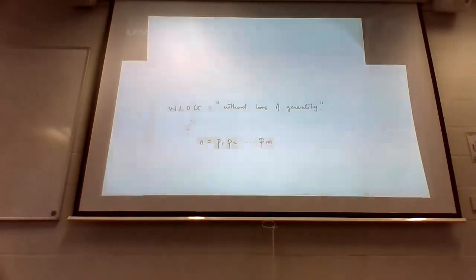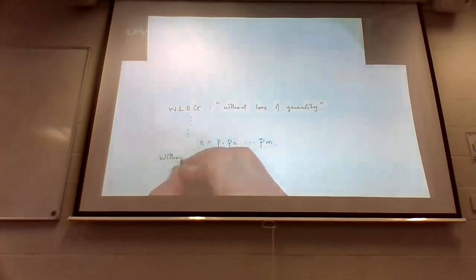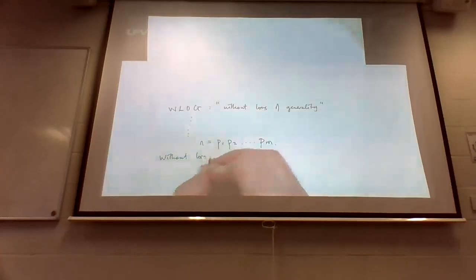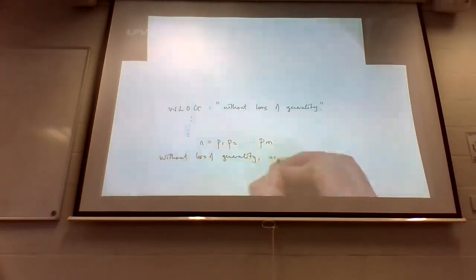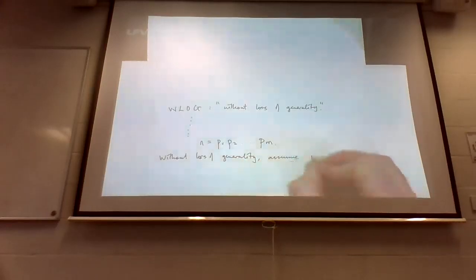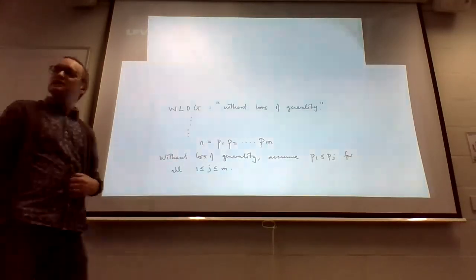So n is a product of these primes. What you could say then is, without loss of generality, you could assume that P1 was the smallest one. In all these primes, we could assume.